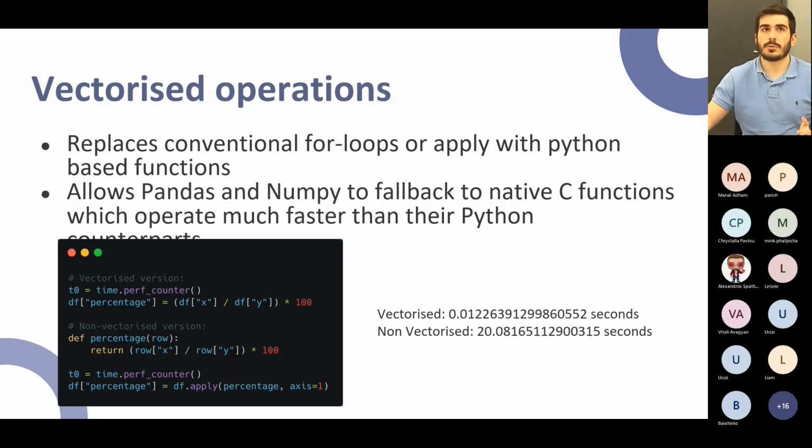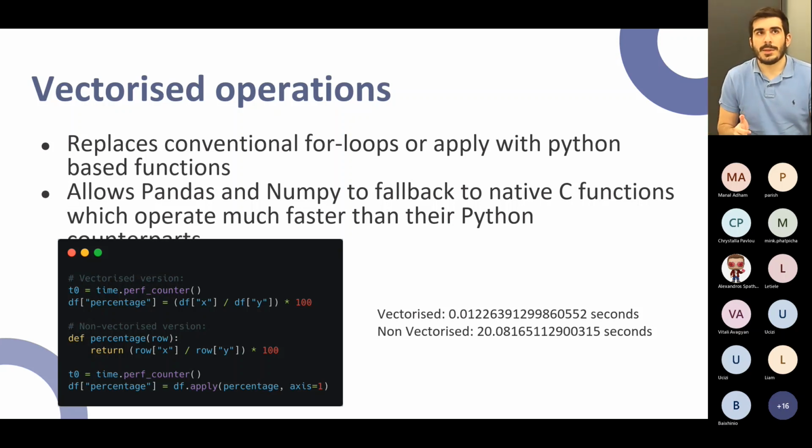So it was very slow. It took 20 seconds, but the vectorized version, which just used the native Pandas support for dividing and multiplying in a very fast way, took 0.01 seconds. So that's a huge boost just by changing a single line or 2-3 lines of code.